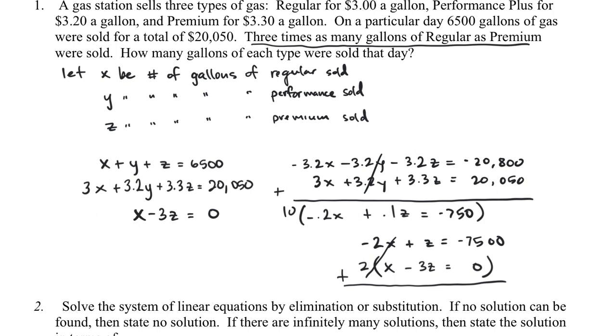This becomes a negative 6z, and then that's a 1z, so that becomes negative 5z. And then this is negative 7,500. So divide by negative 5, and we get z is equal to 1,500.